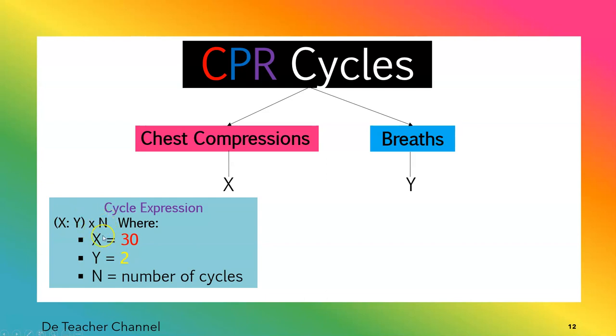N is unknown, X is 30, Y is 2. So 30 chest compressions followed by 2 breaths for first aid. And you continue that cycle, 30 chest compressions, 2 breaths, N number of times.